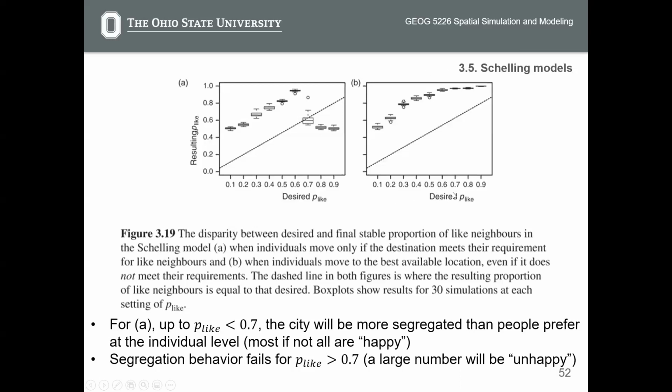Even if your desired p-like is pretty high, eventually everybody is satisfied. So this is very practical in our real world. It means that I know what you want, but sometimes maybe you should compromise to get the best available. If everybody does that, eventually most people will be satisfied. I mean, this model is a very extreme abstraction of the real world, but in the real world, most people will be satisfied.